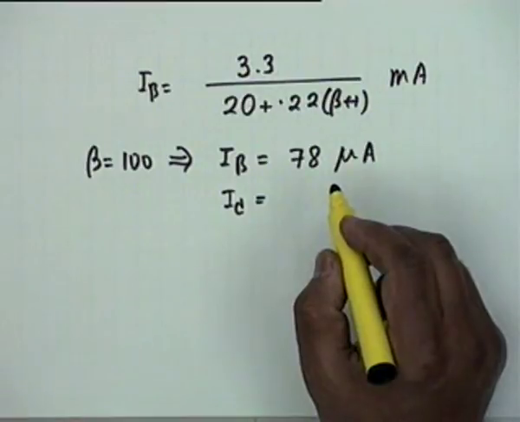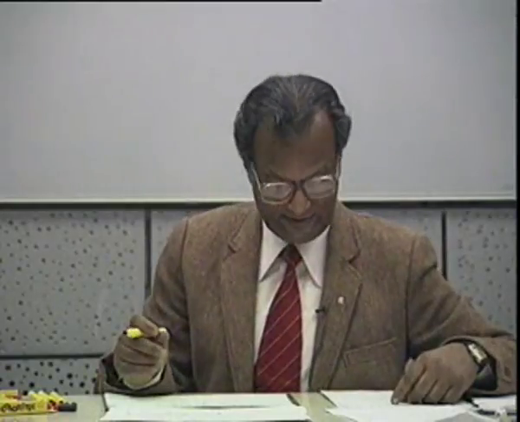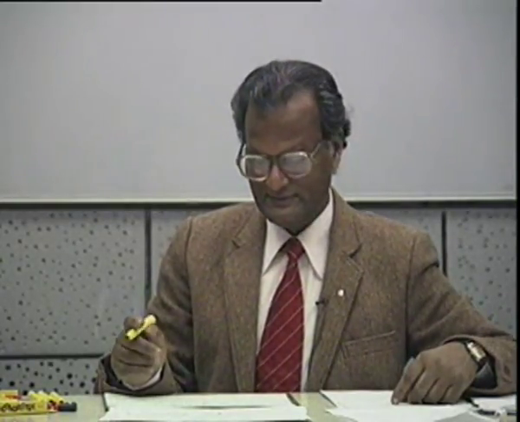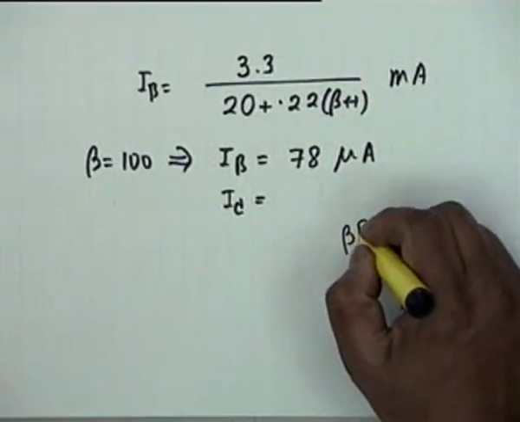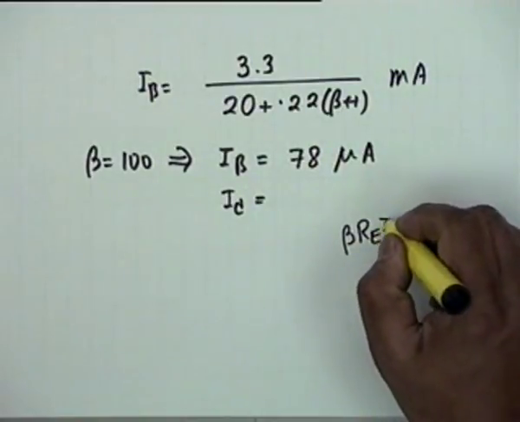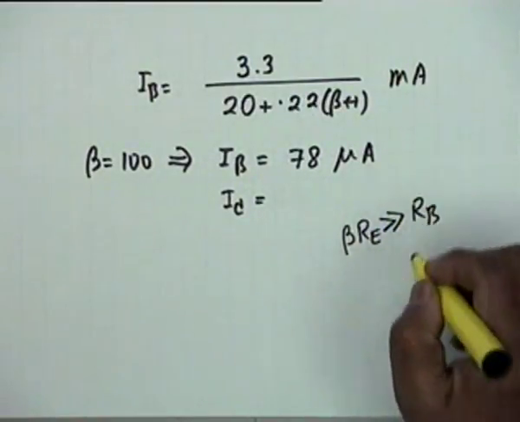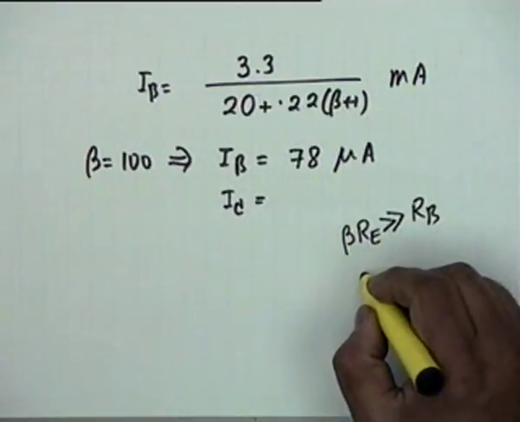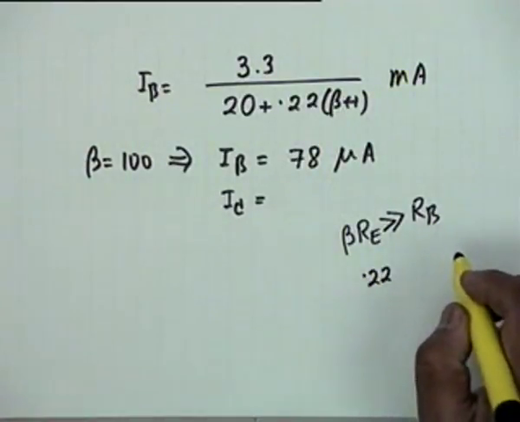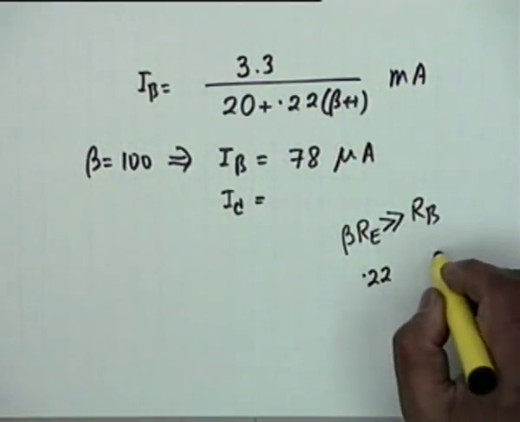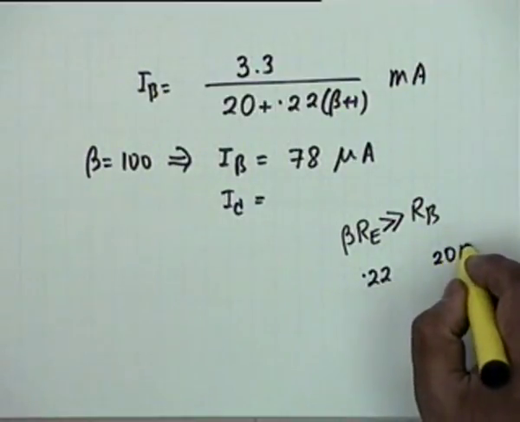yes. So we have derived the condition that beta RE should be much greater than RB for stability of Q point due to variations in beta. That's right. So why don't we directly use this condition? Beta RE should be much greater than RB. Okay. So, RE here is 0.22 K and RB is 20K.